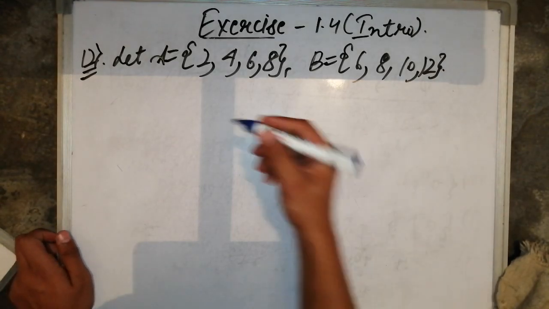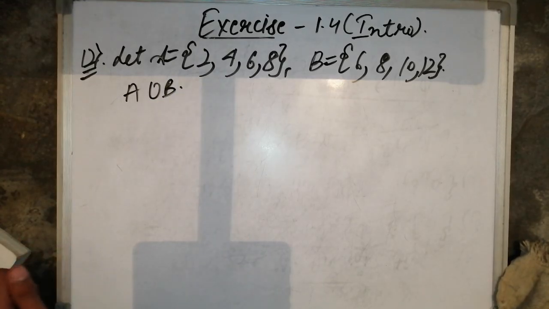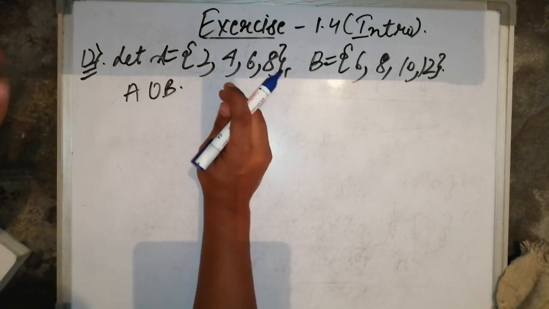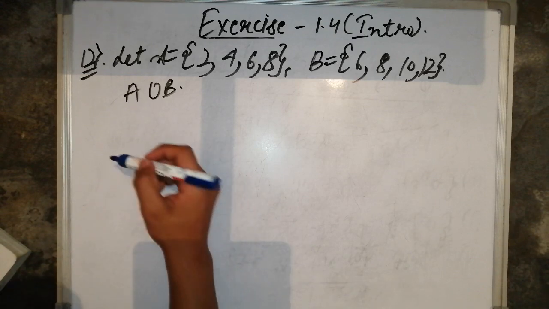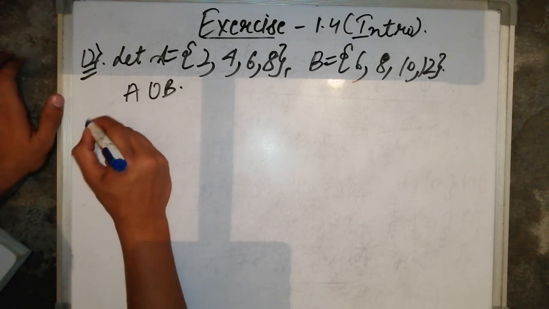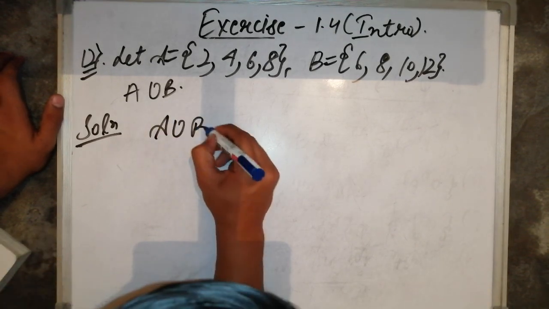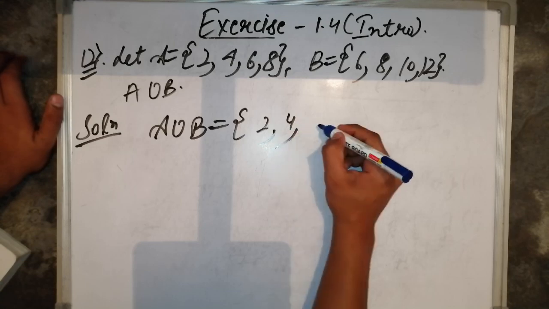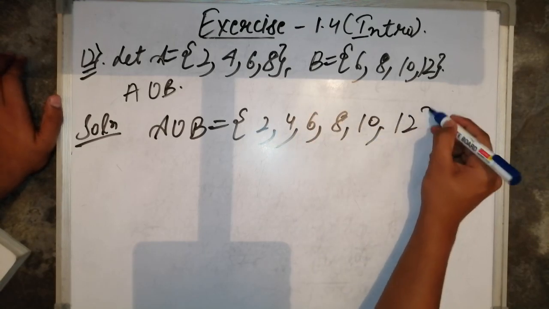Find out A union B. There is nothing difficult in this question. We just need to write the elements of both of these sets combined. A union B is equal to 2, 4, 6, 8, 10 and 12.